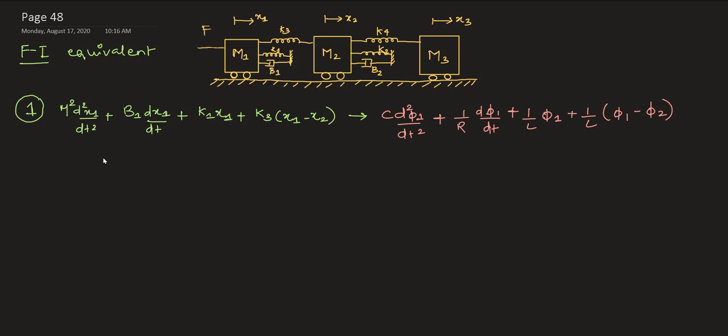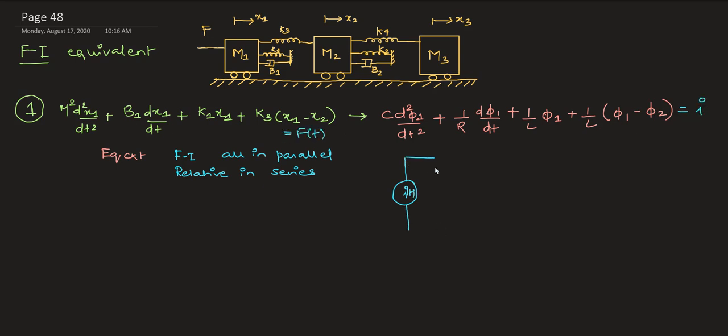The rule that we are going to follow for your force current model is all in parallel. All the components are in parallel unless they are a relative displacement component. So this is what it means for a force current equivalent circuit. All the components are in parallel except your relative displacement component, which is L3.